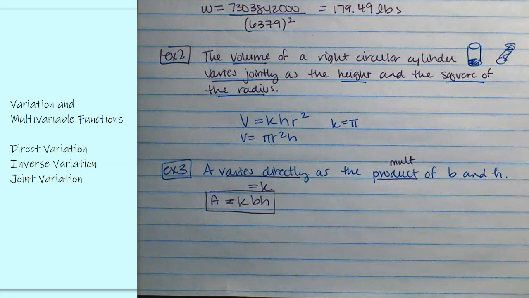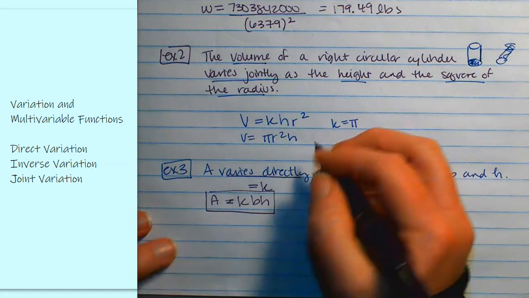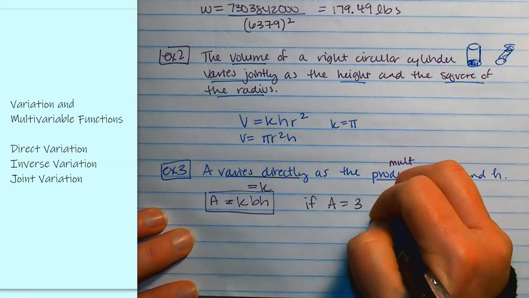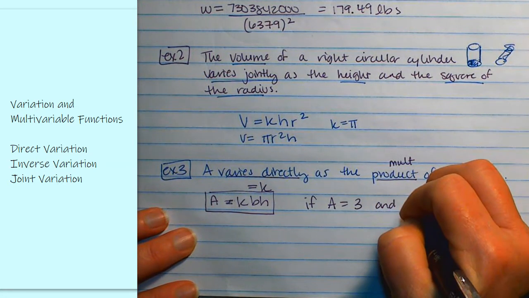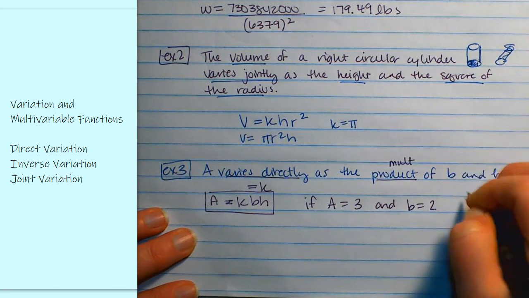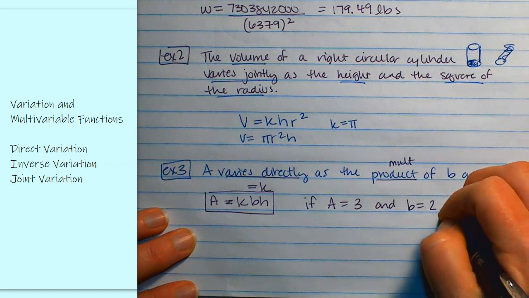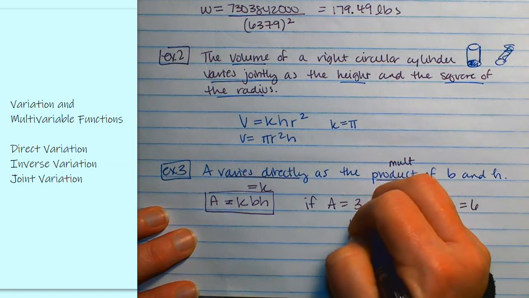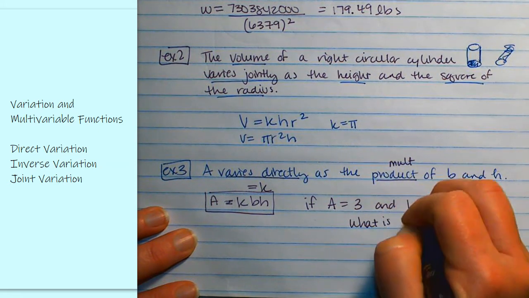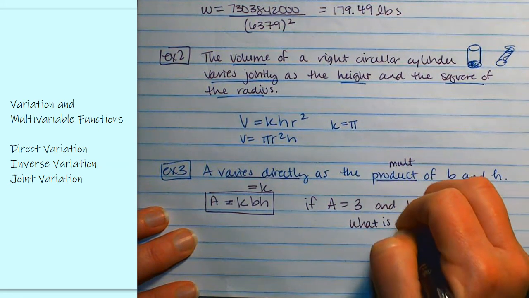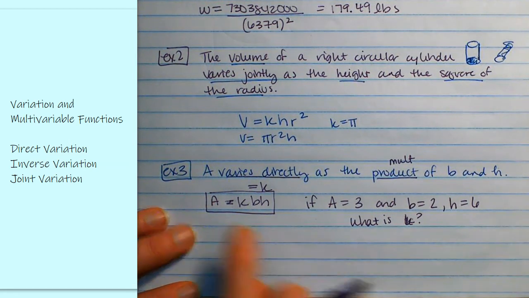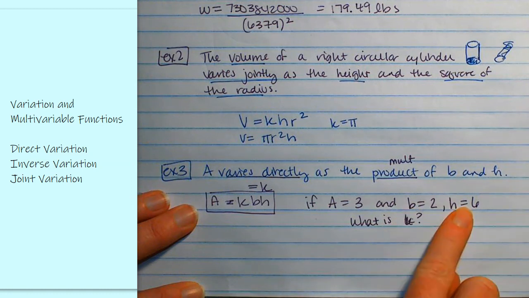In other examples, they would say if A equals 3 and B equals 2, H equals 6, what is K? That's a K. So what you would do is you would say, here's the equation, plug these things in.